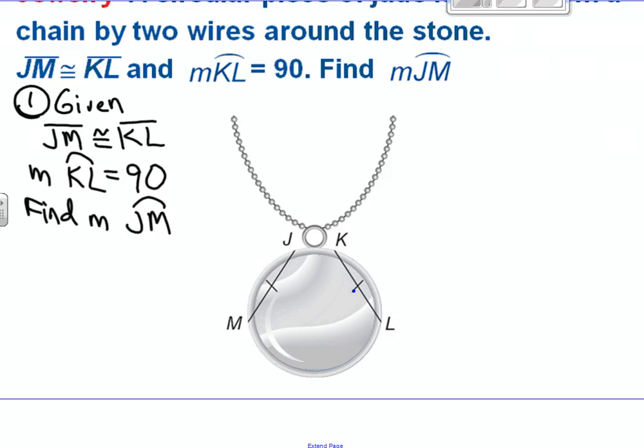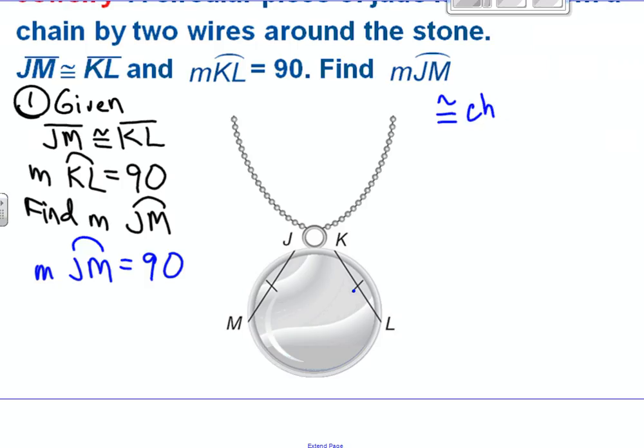I'm going to write myself a note that if KL is 90, then the measure of arc JM has to be 90, the same. And I'm going to write the reason for that in a very short way. These chords are the same, so those arcs are the same.